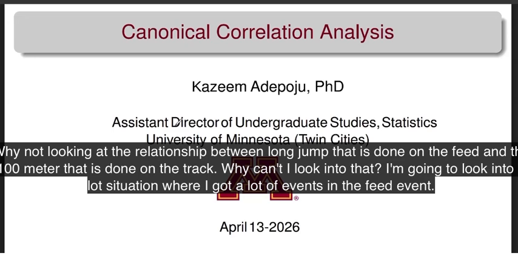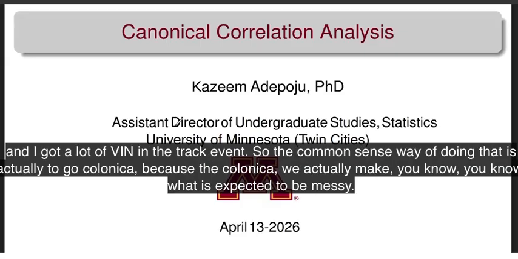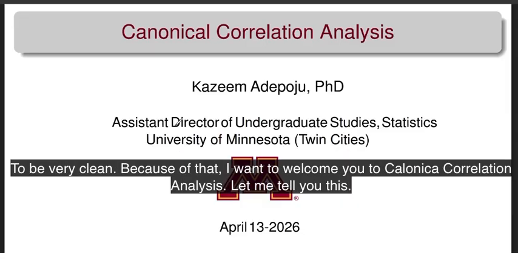Because we're looking at a situation where we have a lot of events in the field events and a lot of events in the track events. The common-sense way of doing that is to go canonical, because canonical correlation makes what is expected to be messy very clean. Because of that, I want to welcome you to canonical correlation analysis.